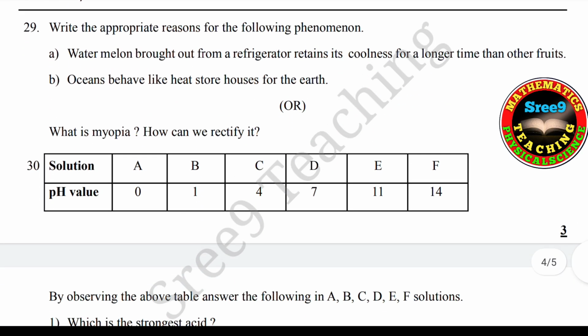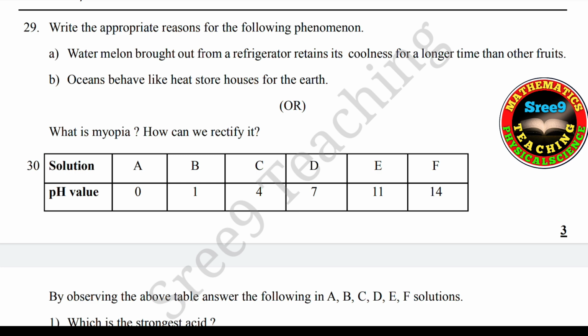See the 29th question. Write the appropriate reasons for the following phenomena. A: Watermelon brought out from a refrigerator retains its coolness for a longer time than other fruits. This is due to specific heat. B: Oceans behave like heat storehouses for the earth. This is also due to the specific heat of water, which is greater.